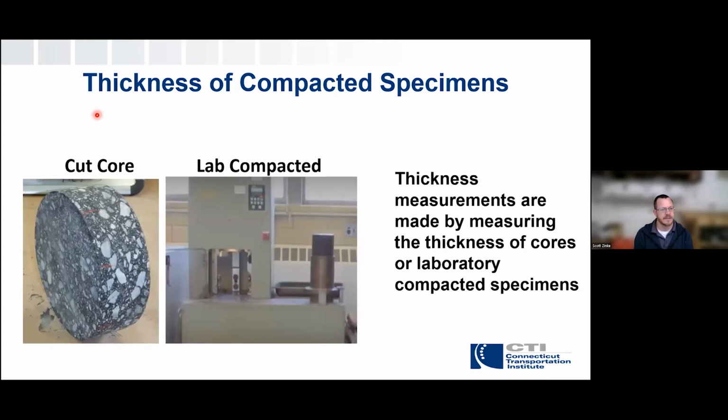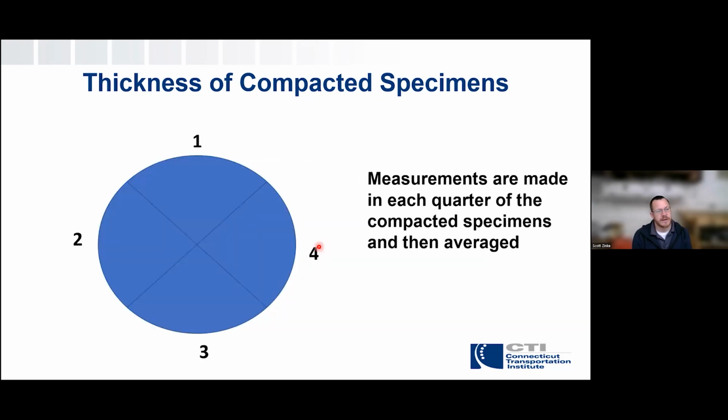Okay, that's good, Alex. And so again, we can measure thickness on cut cores, or we can measure thickness on lab compacted specimens. That's what you see in the right-hand image, a lab compacted specimen, which Alex and Jim went through with the gyratory compactors in a previous class. We could do them on the cut cores as well.